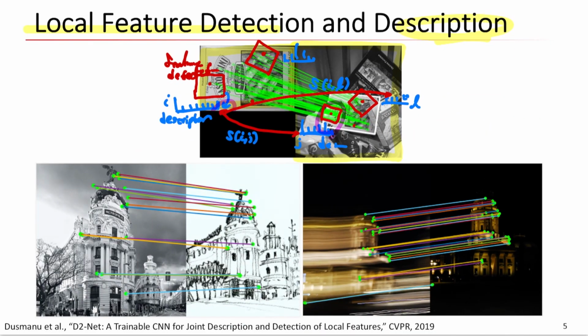Let's say this is pixel I and this is J, this is L. Then we can measure the similarity between pixel I and pixel J based on the feature descriptors, feature I and feature L, something like this. And then we can just pick the matched patches for each pixel, right? So this is the local feature detection and descriptor.